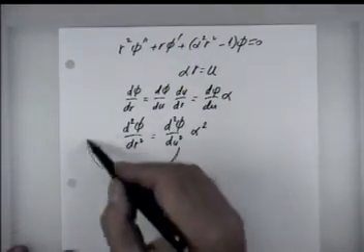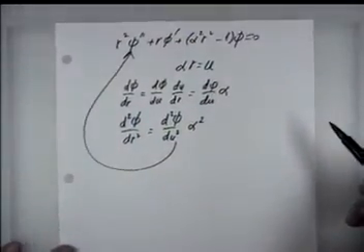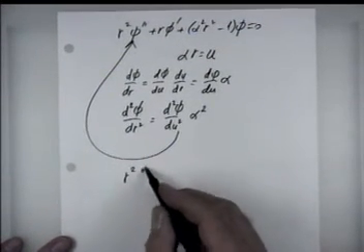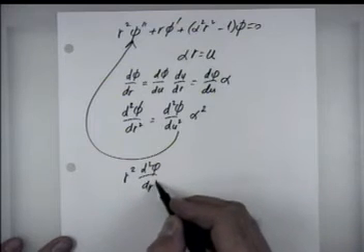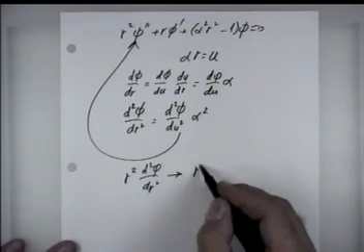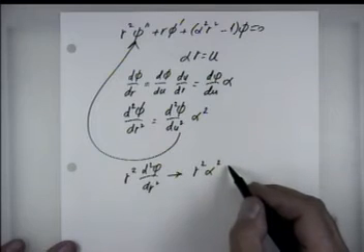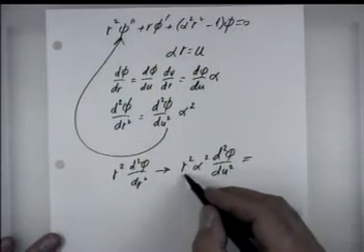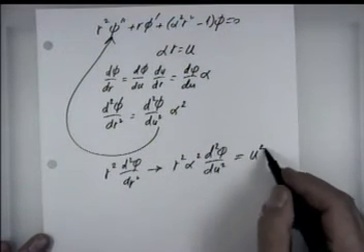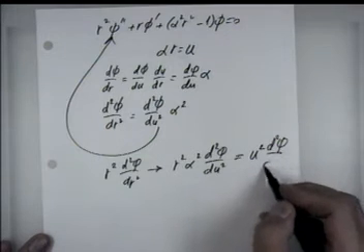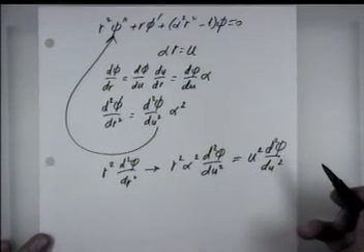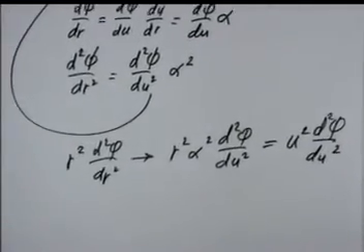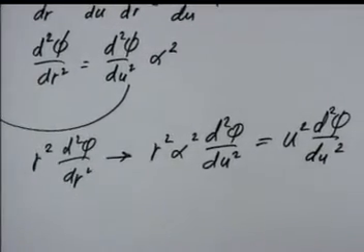So the first term, r squared d2 phi dr squared, will be equal to r squared alpha squared d2 phi du squared. But this is u squared. Neat, yes? That is what we got here.